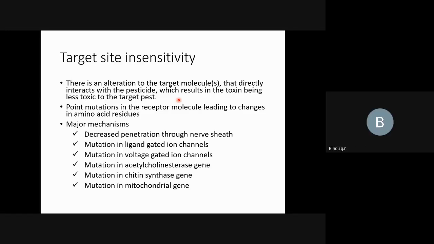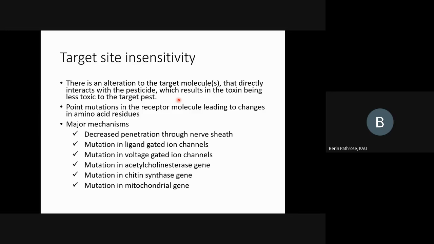Can you name it? You are in PhD, so can you name specifically which kind of acetylcholine? Nicotinic acetylcholine receptor. Okay, fine.